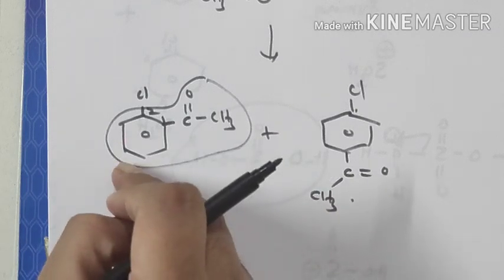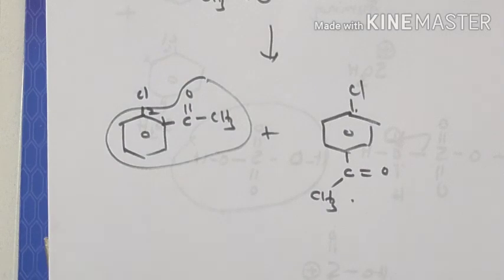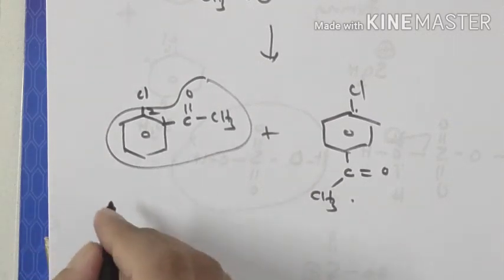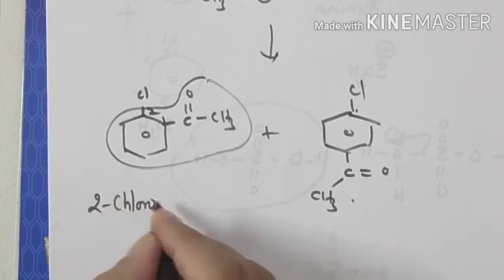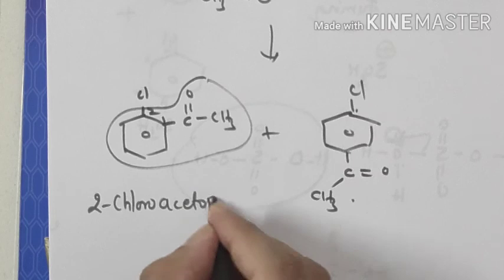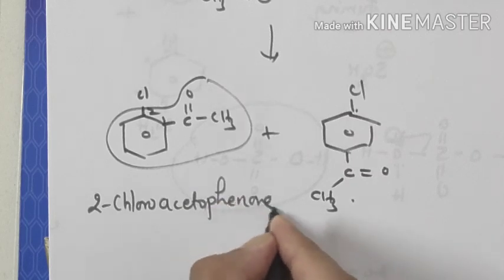That is wrong. And also 1-chlorotoluene, that is also wrong. It's a 2. Okay, so make that correction in the textbook, right? So it is 2-chloroacetophenone. Now, how do you remember this name?